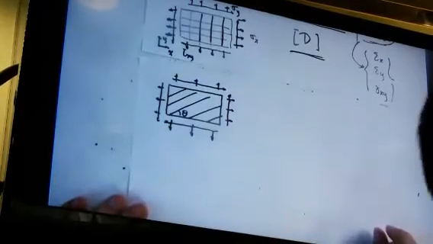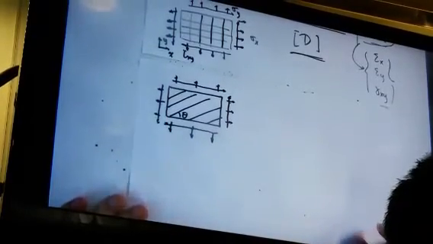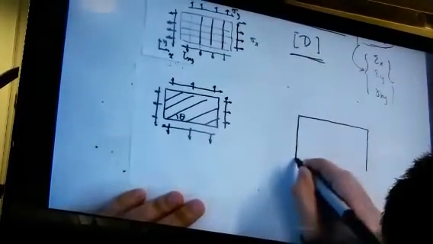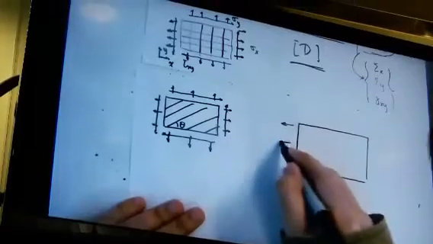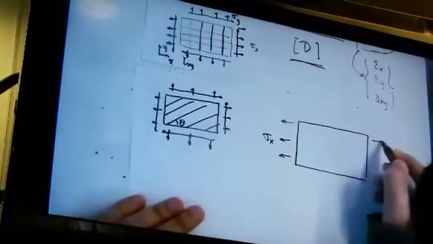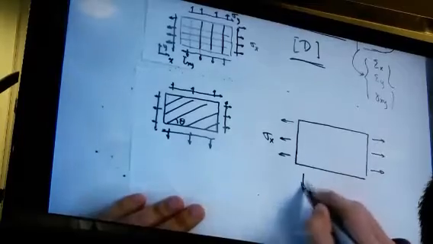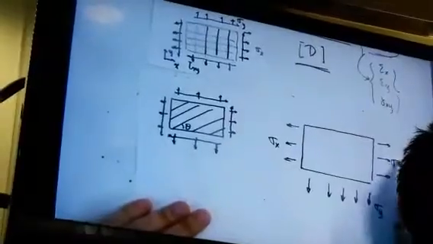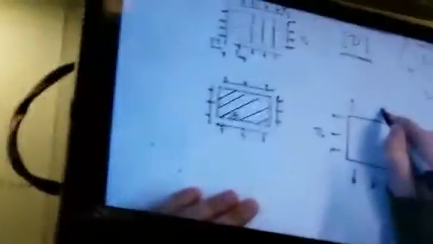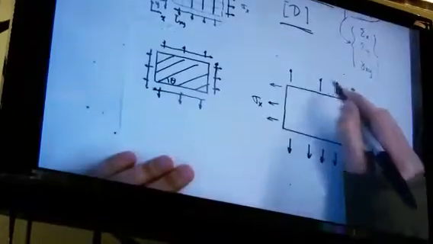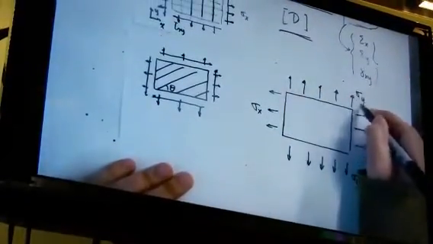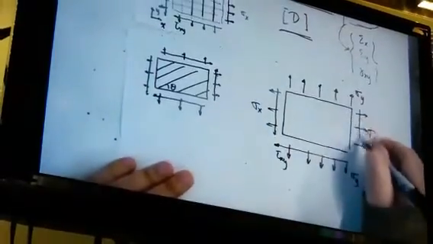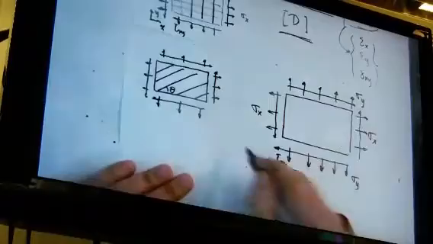So this is the definition of a so-called generally orthotropic composite. And when you look at the stress states in these composites, this is the external loading: sigma x, sigma y, tau xy.